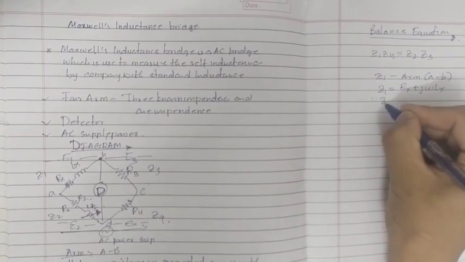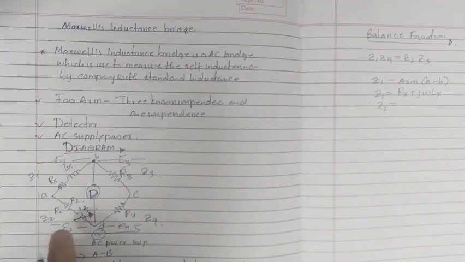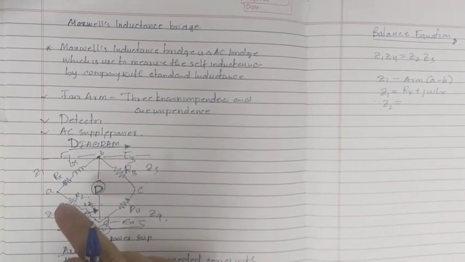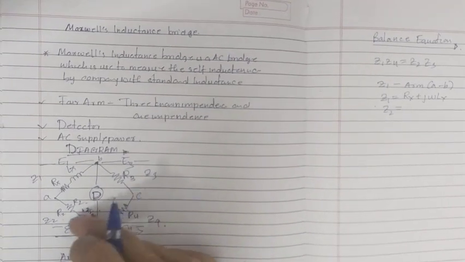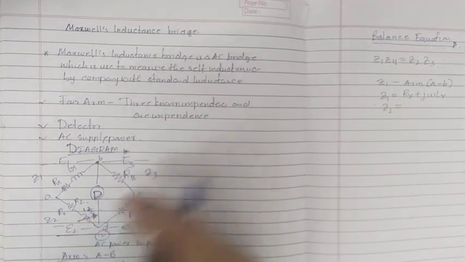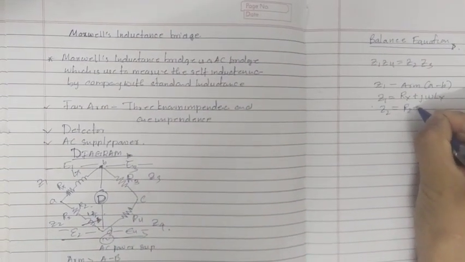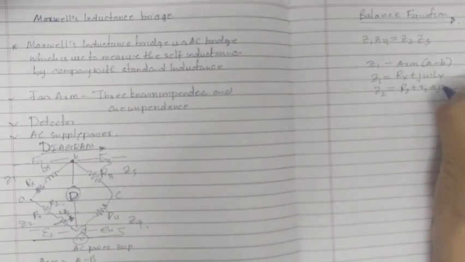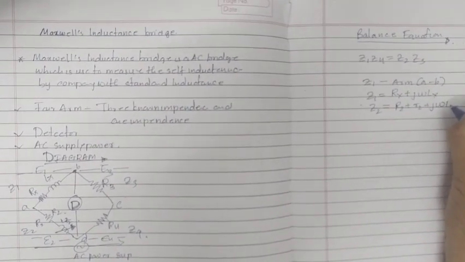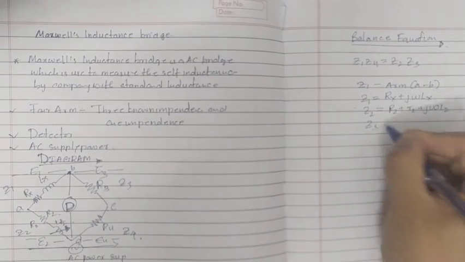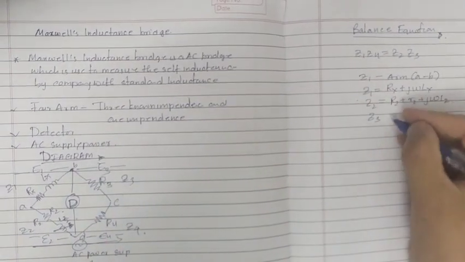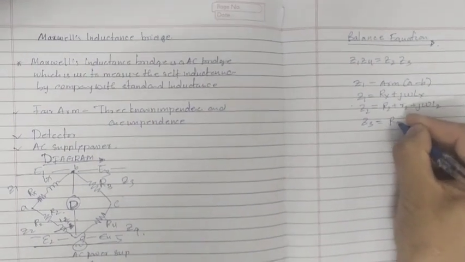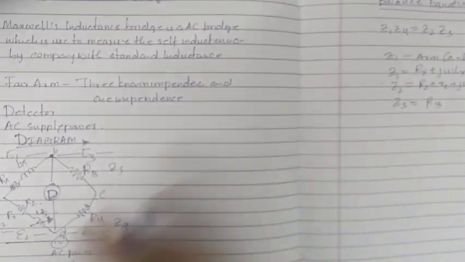In Z2 you can see the resistance R2, the internal resistance, and the standard inductance. That means Z2 is R2 plus the internal resistance plus j omega L2. Z3 is the impedance of arm B to C, which is purely resistive, so we write R3.